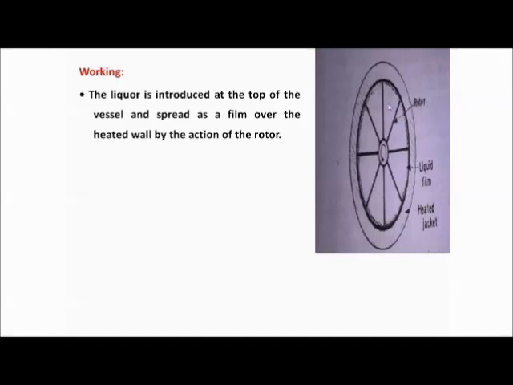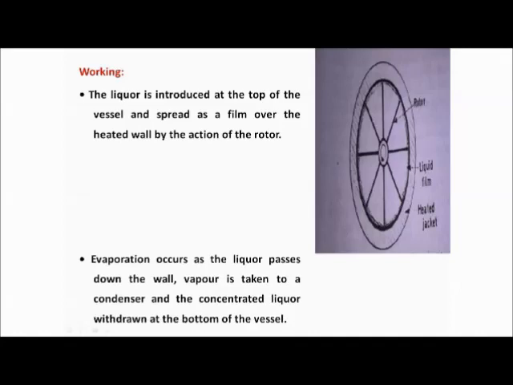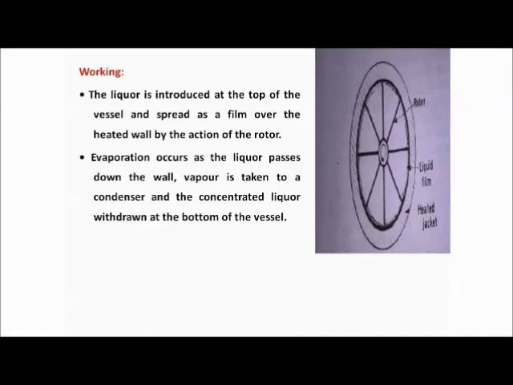Once the rotor moves, the liquid is spread throughout the wall of the vessel by virtue of the force applied by the rotor blade, right? Next, the evaporation occurs as the liquid passes down the wall.